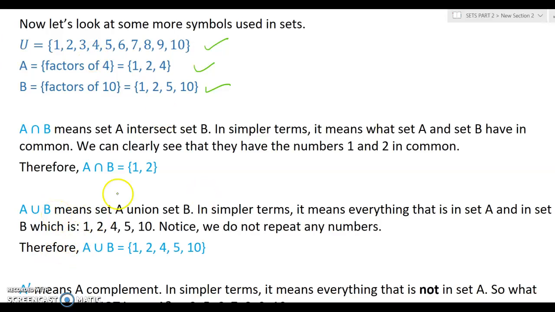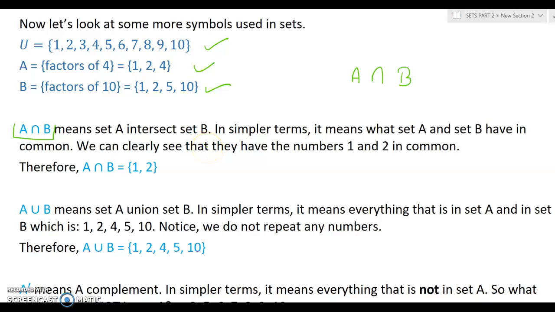Intersection, so this symbol here, A intersect B. This symbol means intersect. What that really means is that intersection is what both sets have in common.